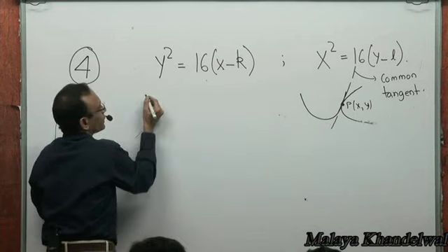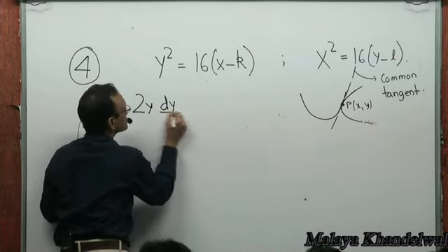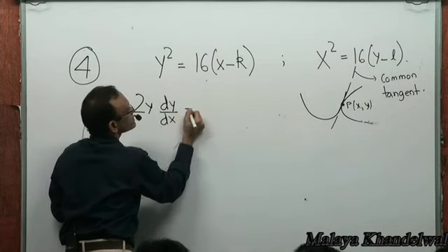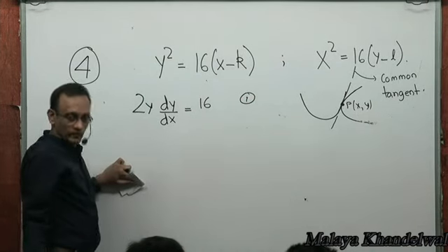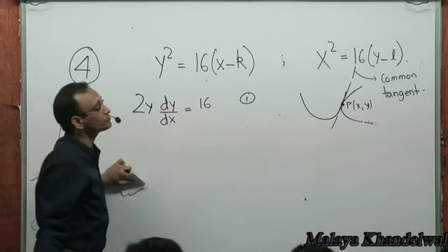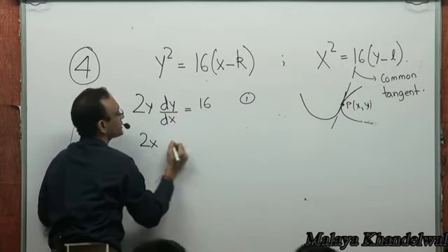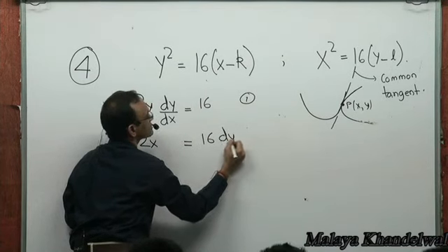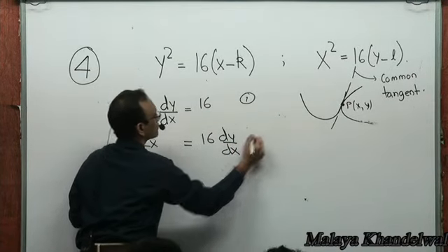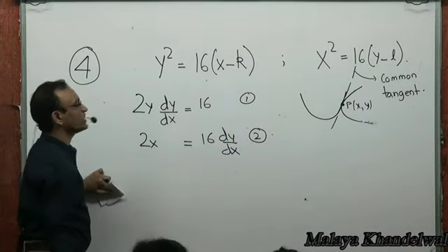Now from this equation, 2y dy dx is 16. Yes or no? From this equation, differentiating with respect to x, 2x is 16 dy dx. Yes or no?